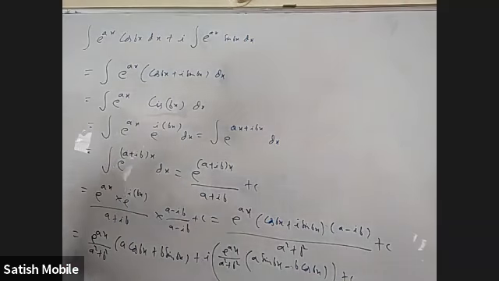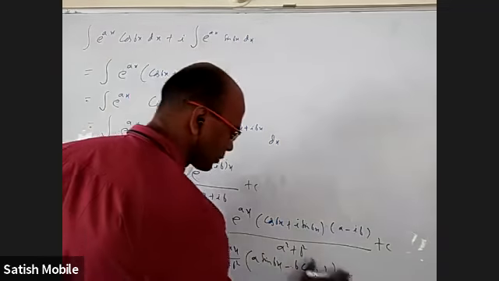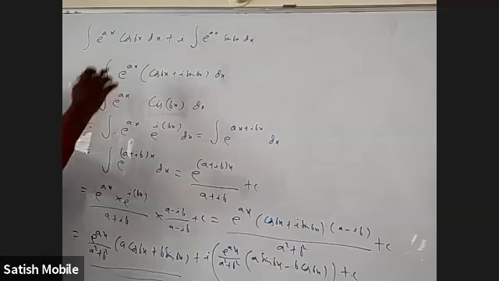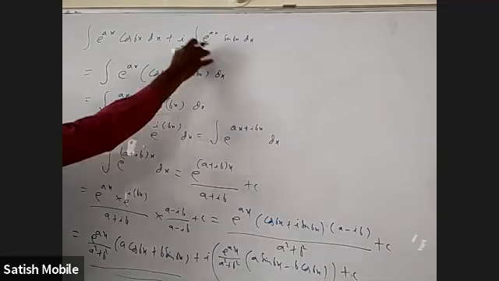Even c can have a real part and an imaginary part, so it is not that important. What is important is that this part is the real part, which is the integral of this, and this part is the imaginary part, which is the integral of this.